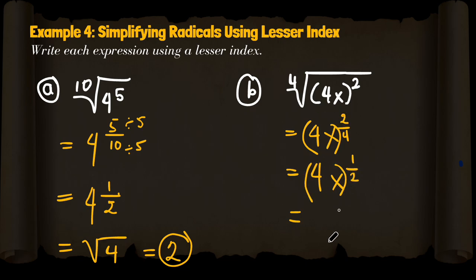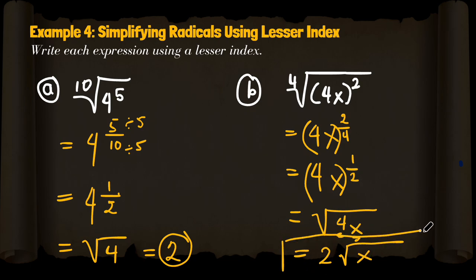Okay? So, pwede siyang isulat as square root of 4x. And then we all know that the square root of 4, perfect square number yan, so ilalabas natin yan. Square root of x, dahil ito 1, ito ay 2, mas maliit si 1 kaysa kay index, then i-maintain lang natin siya sa loob ng radical sign.